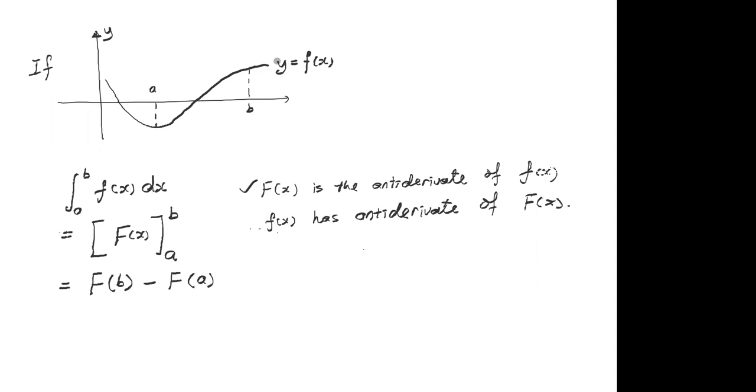So that is the fundamental theorem of calculus. What is the meaning of F(x) being an antiderivative of f(x)? That means if I differentiate F(x), I will get back the small letter f(x).